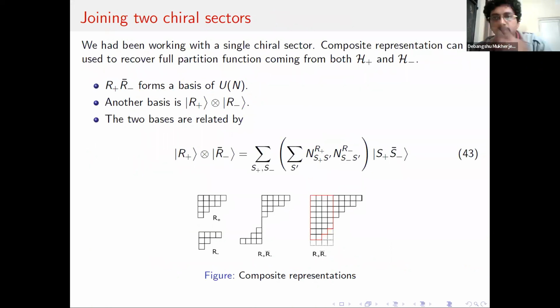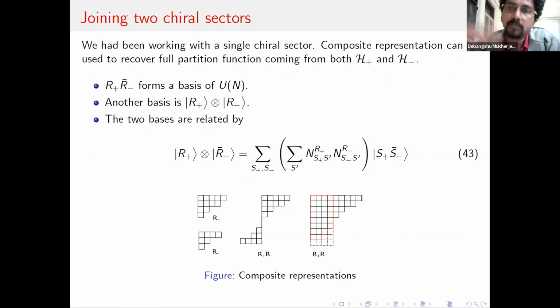Now, if you have noticed, one thing that I had been doing for a while now is looking at only a single sector, which was the positive sector. This also has a negative sector, and in order to get the full partition function of the full U(N) 2D Yang-Mills theory, what one needs to do is use both of these Hilbert spaces to construct the full Hilbert space.